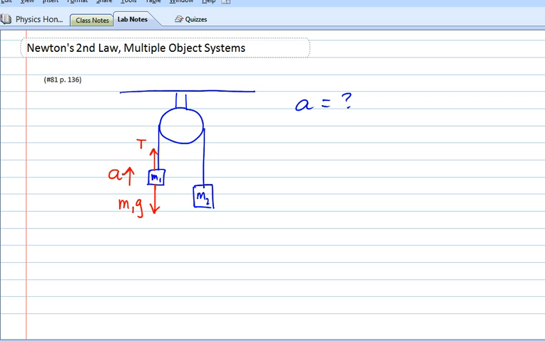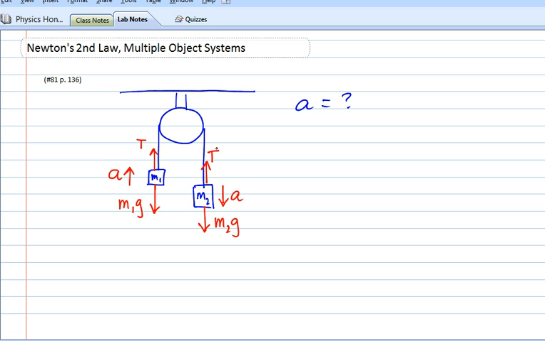So what that tells us is that the tension has to be larger than the force of gravity. Then for the second box, because it's heavier, it's probably going to accelerate down, and the forces acting on it are the force of gravity acting on mass 2, M2 times G. And then, kind of like in our lab, we're going to have a tension going up.